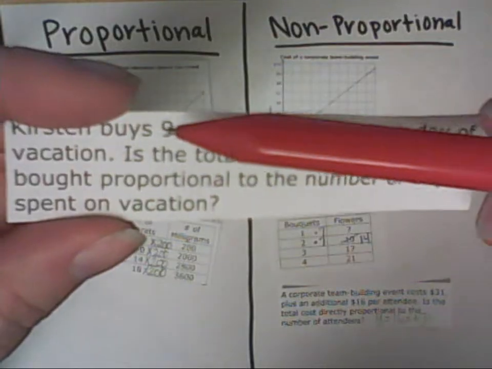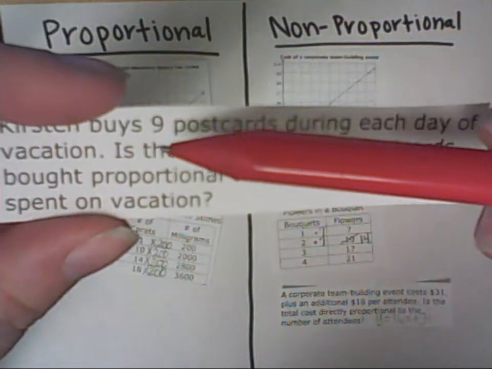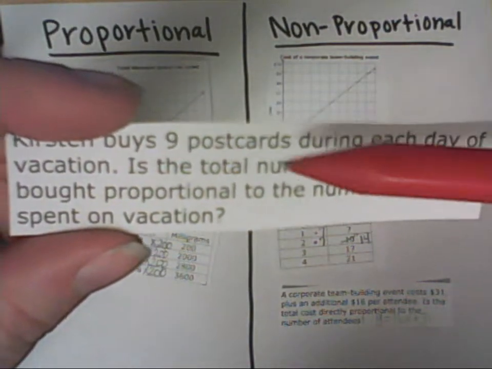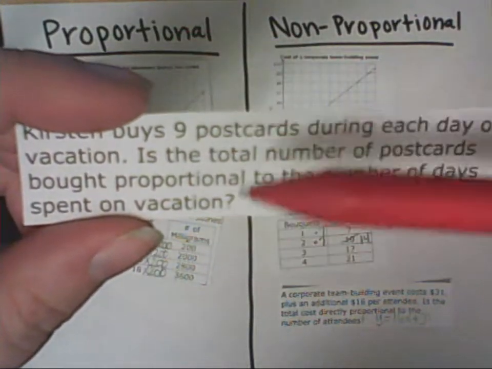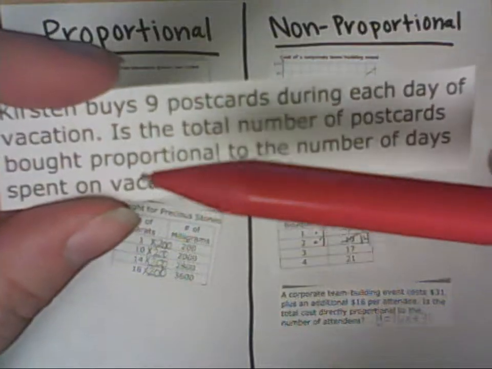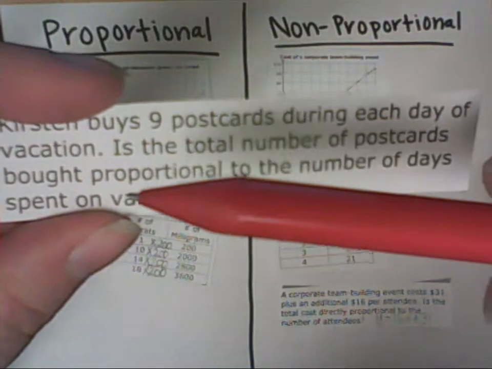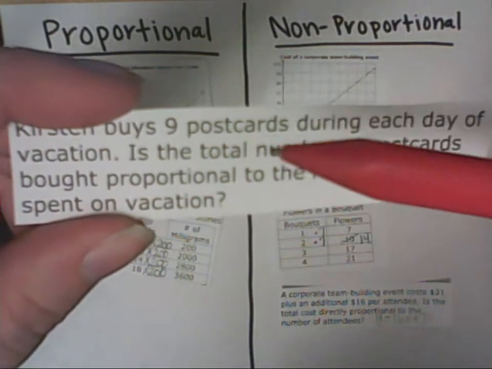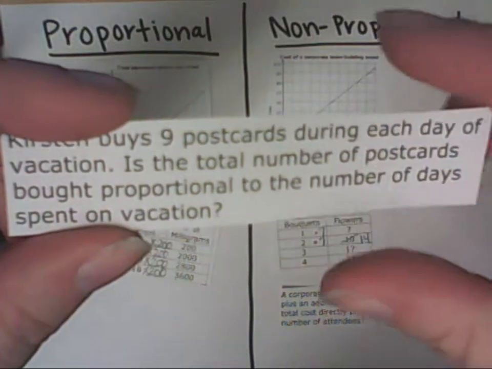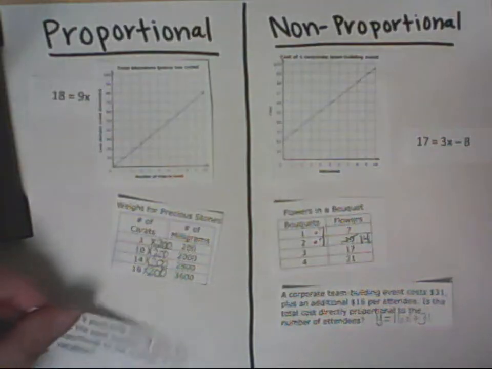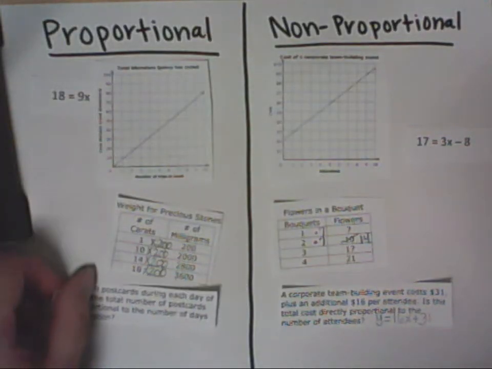If she spent 2 days on vacation, how many postcards? 18. If she spent 3 days on vacation, how many postcards? 27. So each day she adds 9 more postcards, so it has a constant rate of change. Therefore, it is proportional.